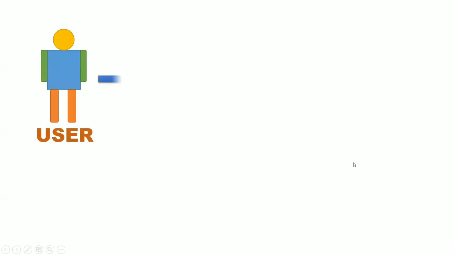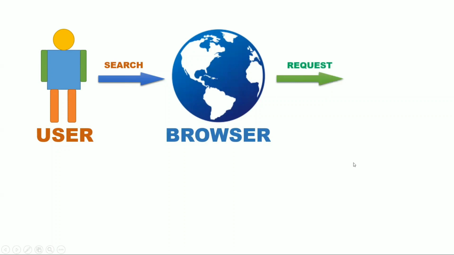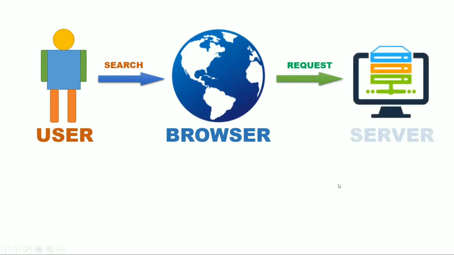Okay, so now we are moving on to URL encoding. Basically URL means Uniform Resource Locator. A Uniform Resource Locator is basically a web address, a web address in a short form, that is actually URL. So basically, when a user searches something in a web browser, then the web browser sends a request to the web server.